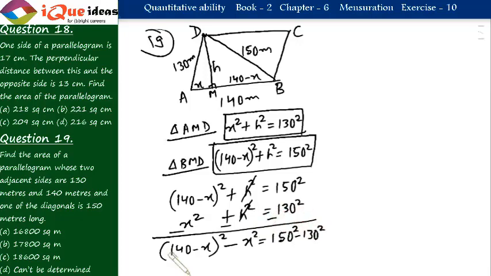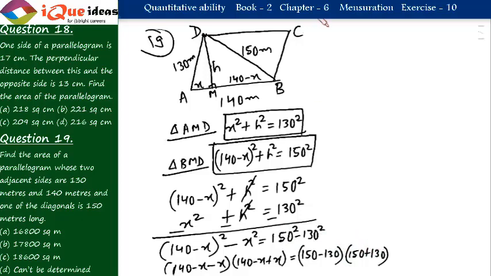Now if you remember, a square minus b square is a minus b into a plus b. So we can apply the same thing here. Here A is 140 minus x, B is x. So we can write it as 140 minus x minus x, that is A minus B, into A plus B, which is 140 minus x plus x. Similarly, the other side would be 150 minus 130 into 150 plus 130.